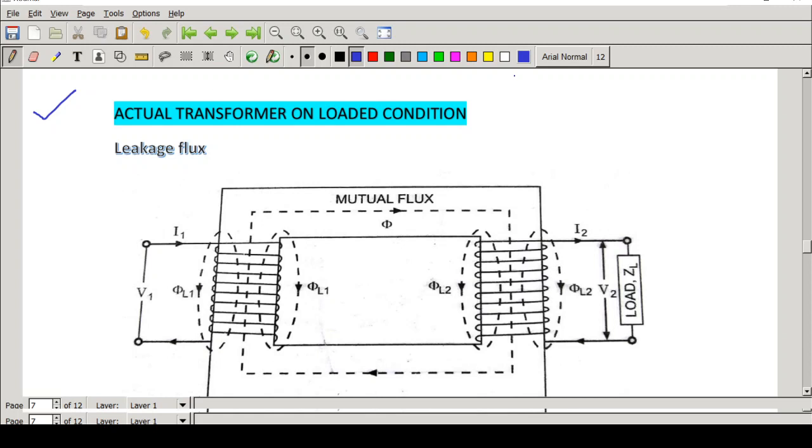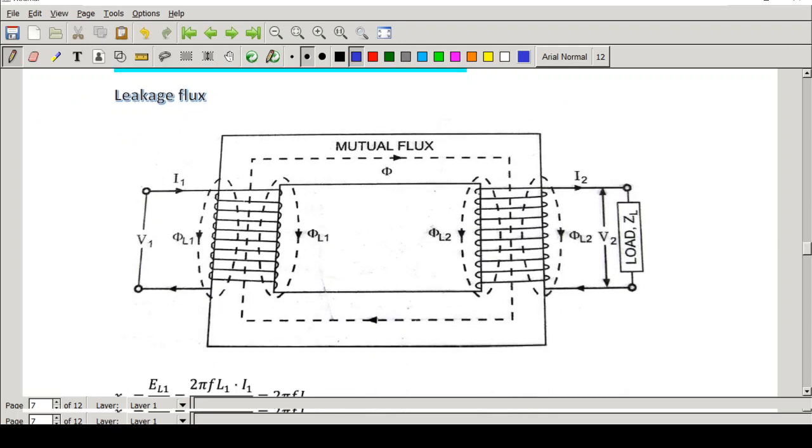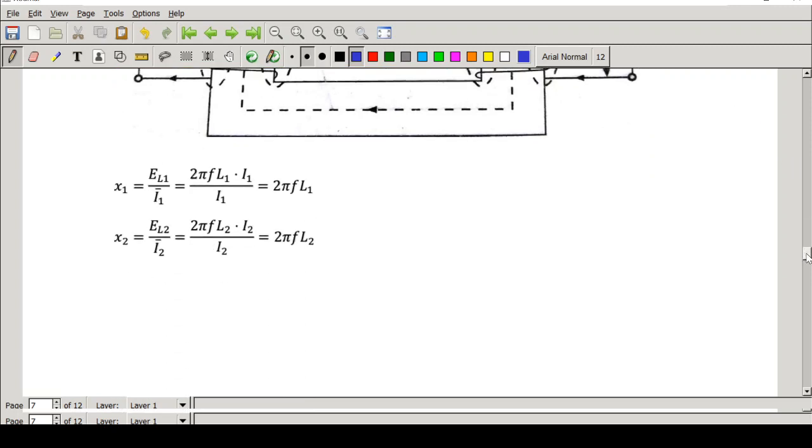I will show you how you can represent it. This is the flux phi 1. The entire flux produced by the primary winding will not be linking with the secondary winding. Some leakage will be there. So in order to represent that, we will assume that there is an inductor having an inductance L1, so the reactance X1.